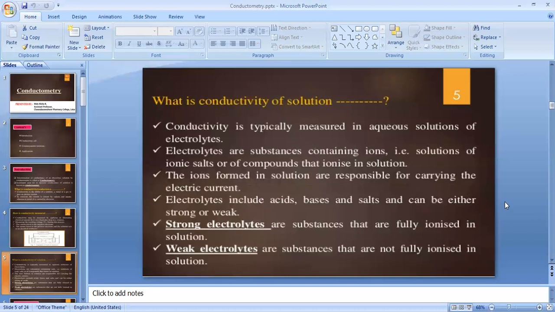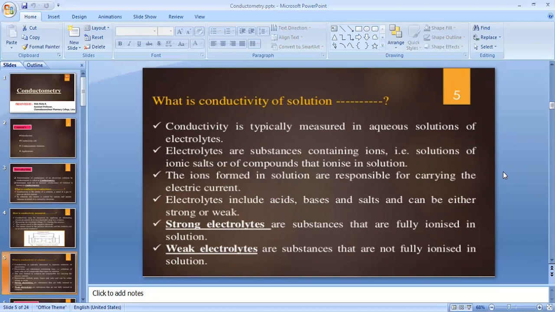Conductivity is typically measured in aqueous solutions of electrolytes. So what are electrolytes? Electrolytes are substances containing ions, that is, solutions of ionic salts or of compounds that ionize in the solution. The ions formed in the solution are responsible for carrying the electrical current. These ions may be either positively charged or negatively charged.